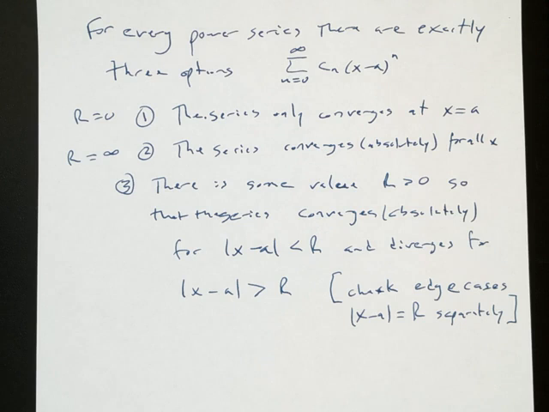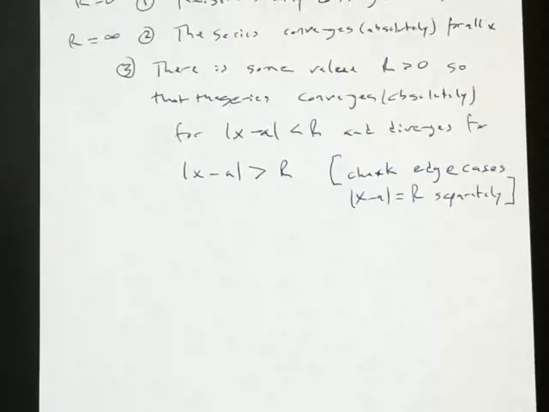Ratio test, and then I check each end, and I might have to do a different test for each end. I could do as many as 3 different tests to figure out the interval of convergence. Questions? Let's do one from scratch.